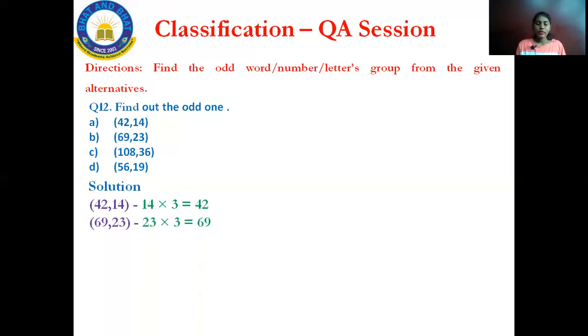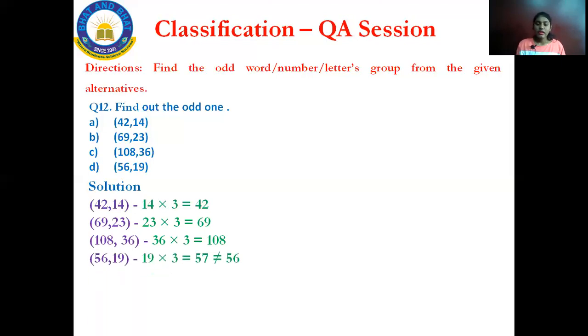Now we'll check with 69 and 23. 23 ones are 23, 23 twos are 46, and 23 threes are 69. And then 108 and 36. 36 ones are 36, 36 twos are 72, and 36 threes are 108.